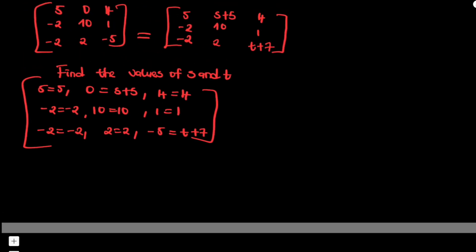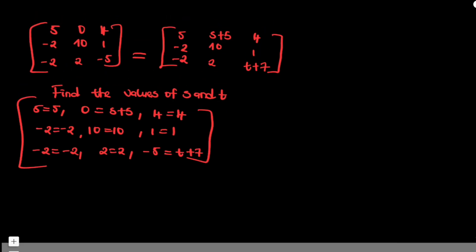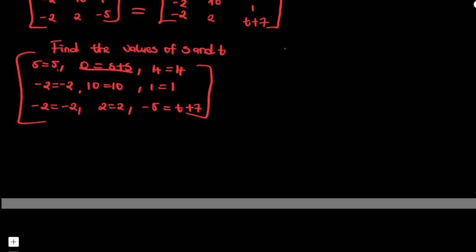Now the question says find the values of s and t. To find these values, first, yes, the order of the matrices are the same. We have already been told that the matrices are equal. So we have to equate their corresponding entries. Here, 5 is clearly equal to 5. 0 equal to s plus 5.